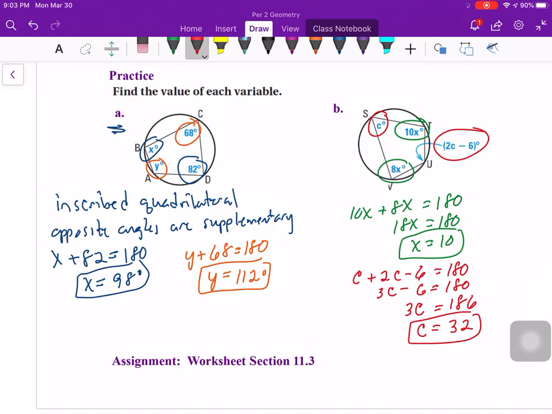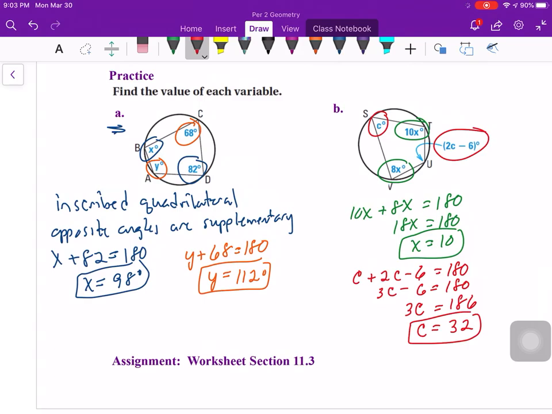And that's all there is in this section. So to recap, an inscribed angle is an angle that has its vertex on the circle itself. The measure of an inscribed angle is equal to half of the intercepted arc. So if you know the arc and you want to find the angle and it's inscribed, you take half the arc. If you know the inscribed angle and you want to find the arc, you multiply it by 2.